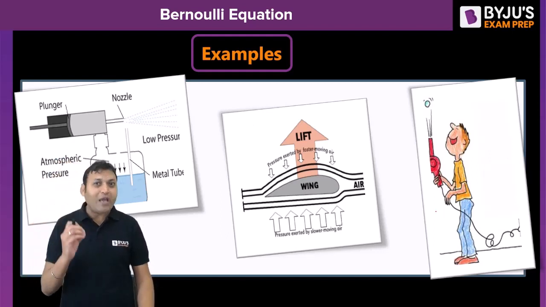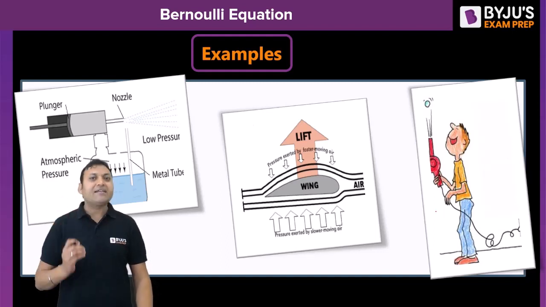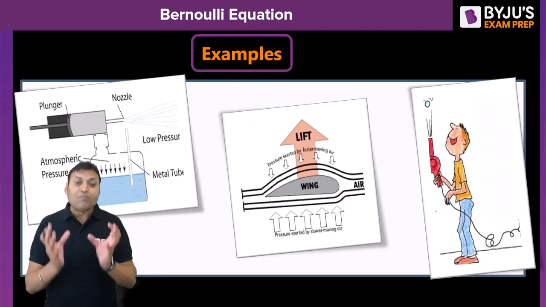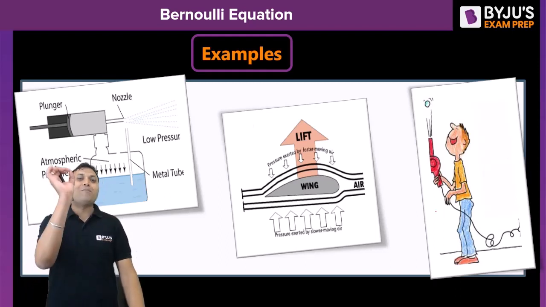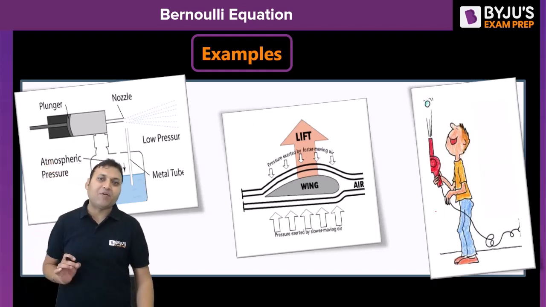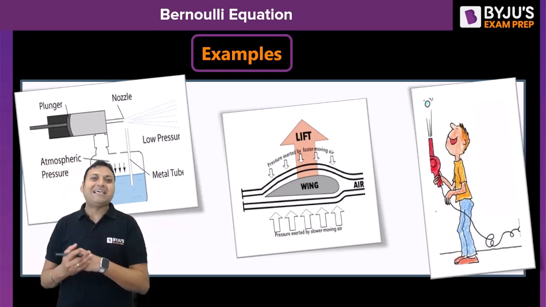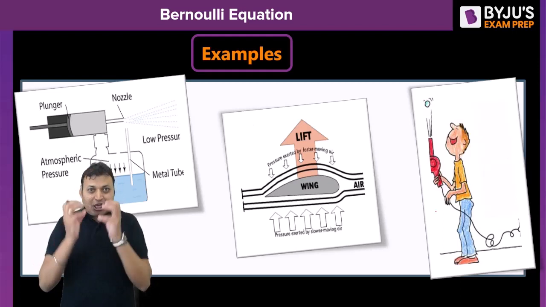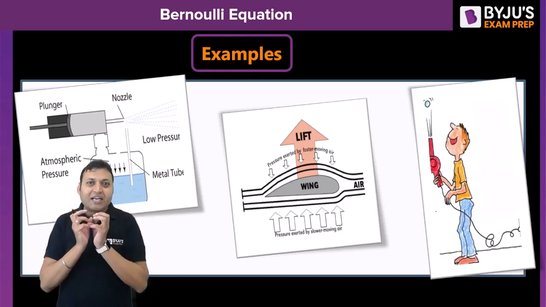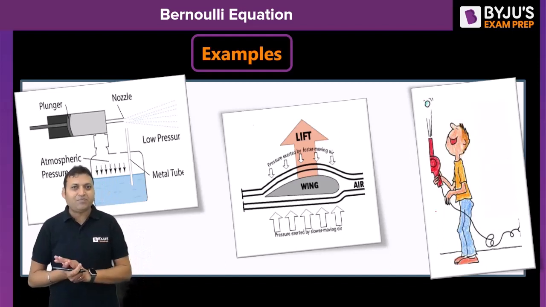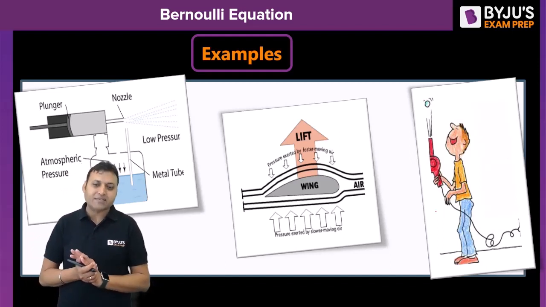Due to the low air pressure near the nozzle, the liquid from the bottle will rise through the metal tube up to the tip of the nozzle, from high pressure to low pressure, and due to the force exerted on the plunger, the liquid will get scattered and come out in the form of spray. That is how the hand operated spray works.